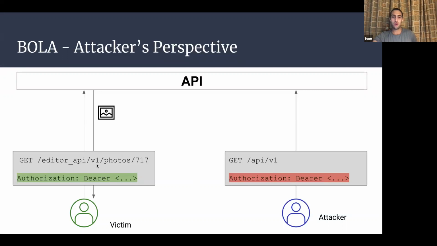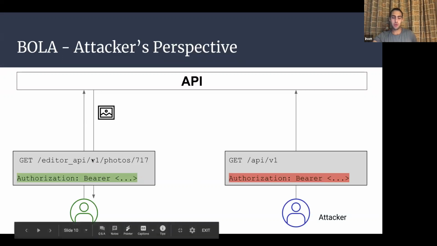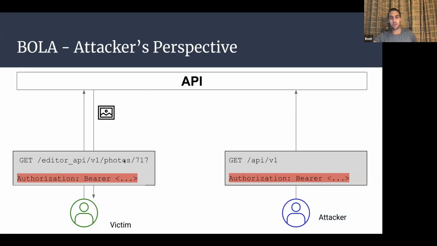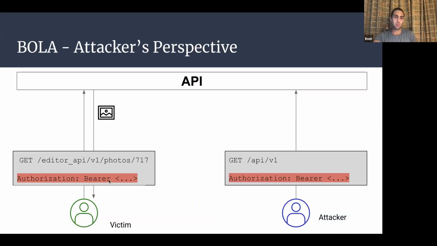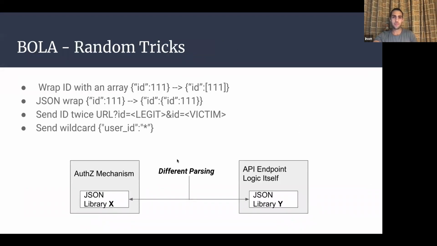And then you go to the API call from the victim, you duplicate the traffic, and you change the session label to the session label of the attacker. And you just send it to the API to see how the API processes the request. If you get the same response, the API is vulnerable to BOA because you managed to get access to this ID using the session label, using the identity of the attacker.